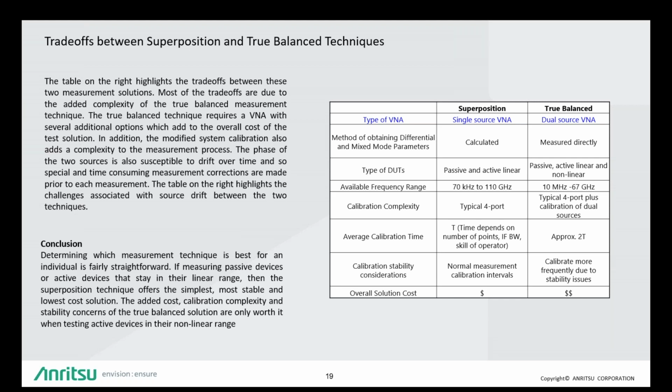And for passive devices, such as transmission lines, you can use the superposition technique. With the superposition technique, as we spoke earlier, the differential parameters are calculated, whereas with the true mode technique, you're measuring these directly. Now, I just wanted to briefly mention why to use the true mode technique when you use devices that are under compression or saturation.